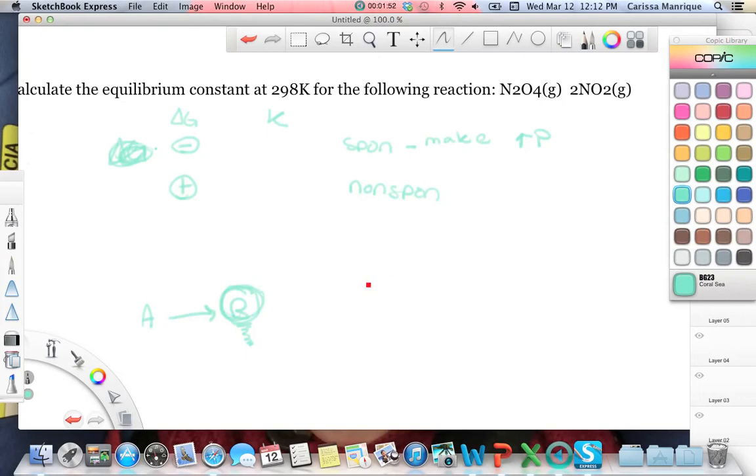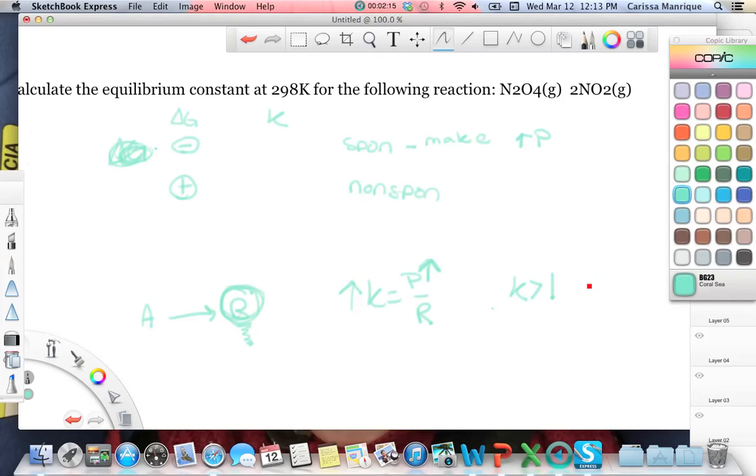So let's look in terms of K. K equals our products over our reactants. What does this tell us about K? When we make a lot of products, our products have increased, so K has increased. If K is greater than 1, you've made a lot of product.